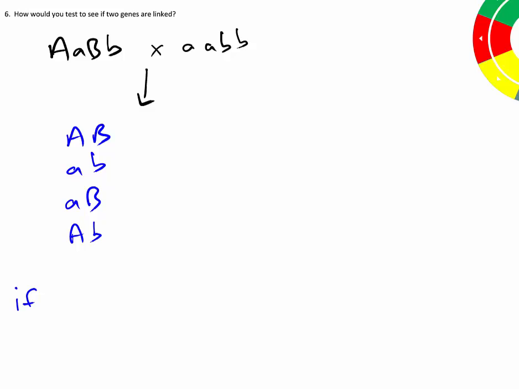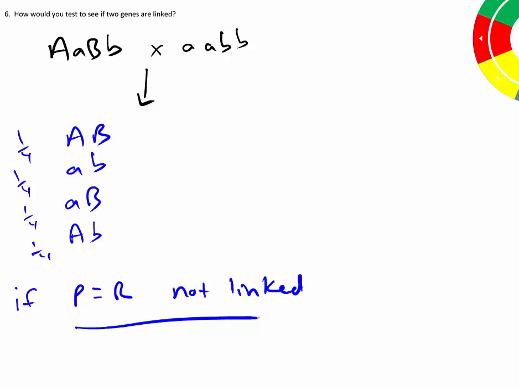We won't really know until we see some numbers, but if the parentals and the recombinants are equal, then they're not linked. We might not even know which ones are parentals and which are recombinants, but if these basically give us 1/4, 1/4, 1/4, 1/4, then they're not linked. Or another way to say it is, if recombinants equal 50%, they're not linked.